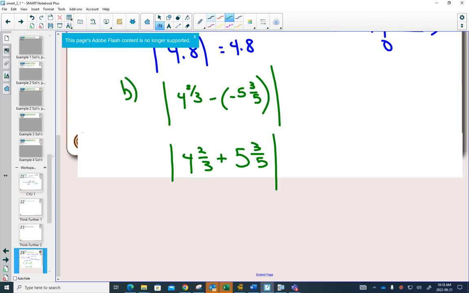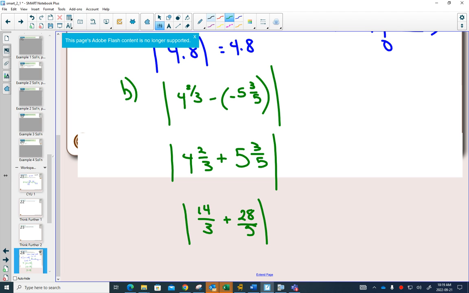I will show you the most common way that happens in math, especially with mixed fractions: changing things to improper fractions. As an improper fraction, can you see that 4 2/3? Well, 4 times 3 is 12. 4 is like 12 over 3 plus 2 more over 3 makes 14 over 3. And 5 3/5 would be 5 times 5, 25 plus 3, 28/5.